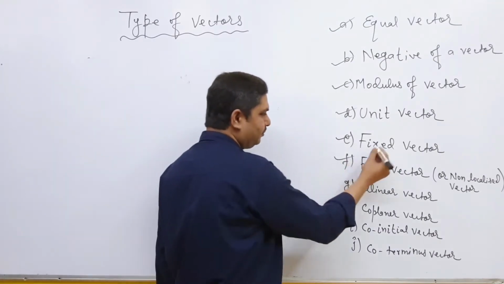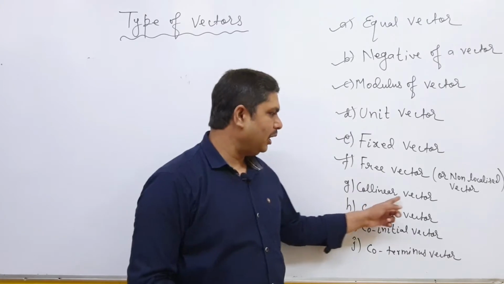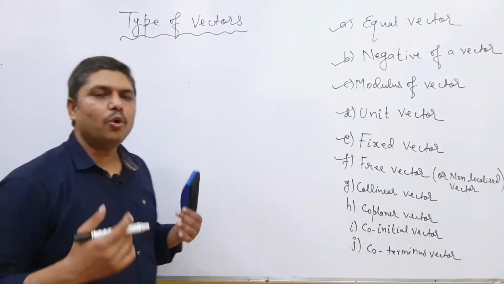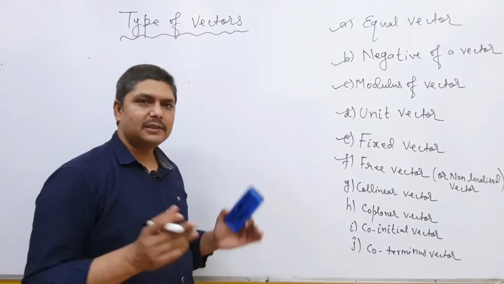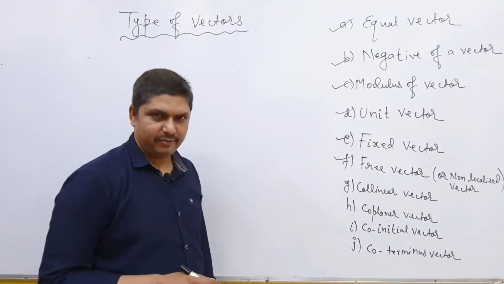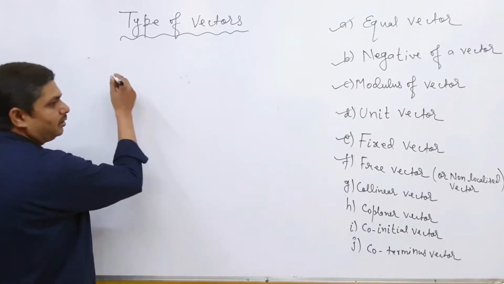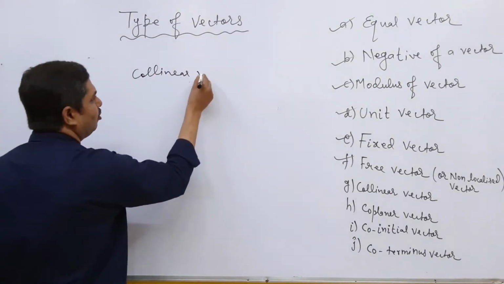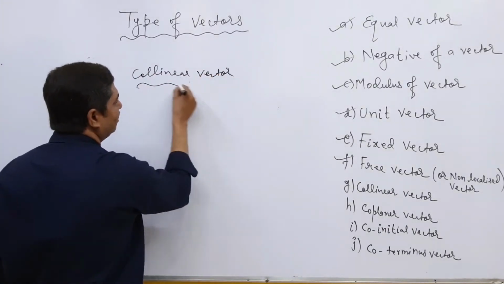Now next is collinear vector. Suppose you take two or more vectors such that the vectors are linear, then they are said to be collinear vectors.